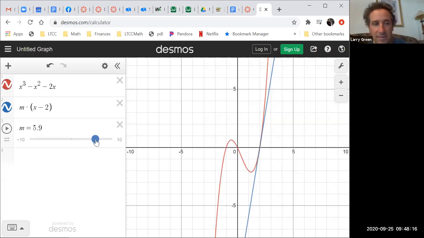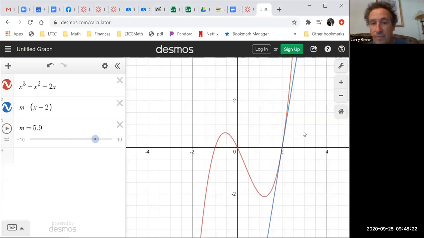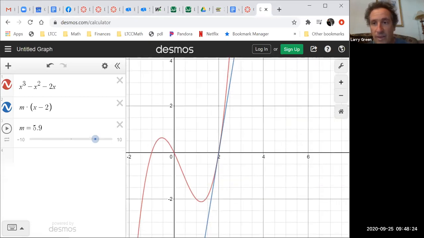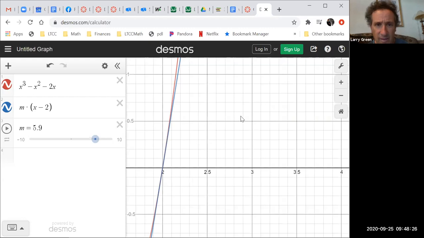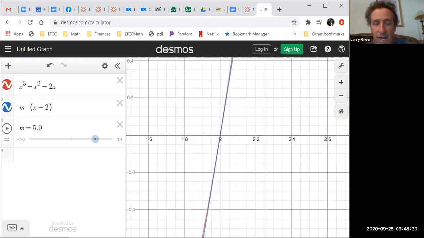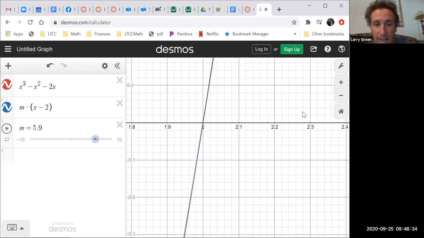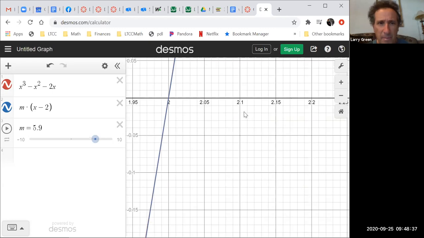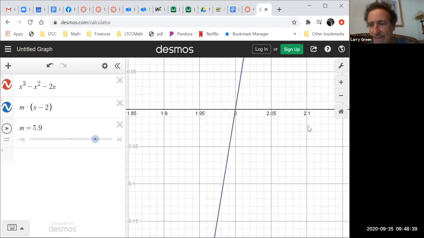Like that. I could even zoom in to see what it looks like. And the idea is the line should look just like the curve if I zoom in a whole lot. Does it? Looks good, doesn't it?